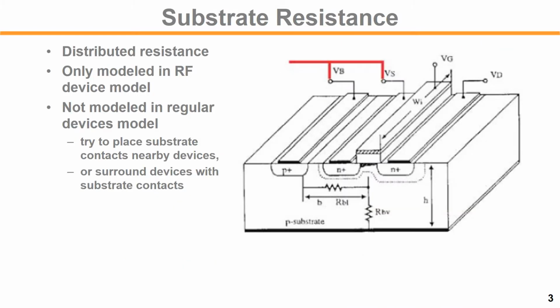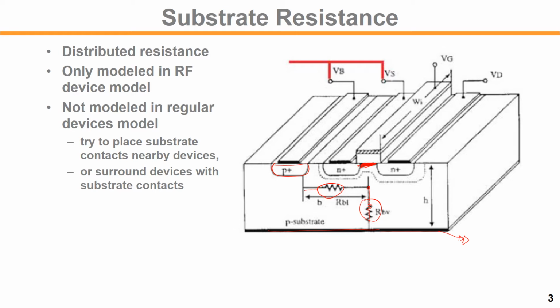For the MOS, we always put a substrate contact nearby, but each channel is quite far away. So between this substrate contact and the channel, we have a substrate resistor, and it is also tied to ground. This kind of distributed substrate resistor is modeled in RF devices. For typical regular devices, those are not modeled properly.